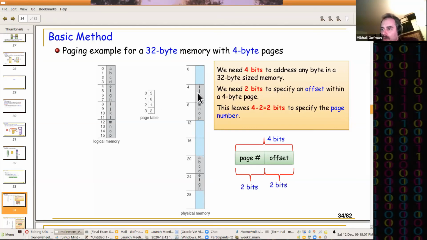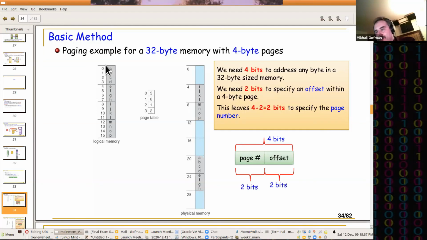So 0, 1, 2, 3, 4, 5, 6. The virtual page 2 is mapped to the physical frame of 1, which is this one. And finally, the virtual page of 3 is mapped to the physical frame of 2. So 0, 1, 2.